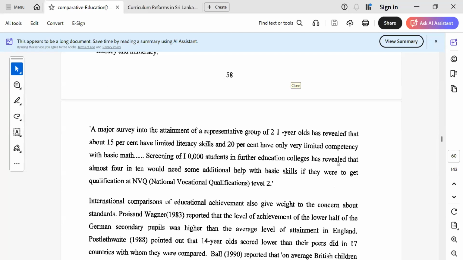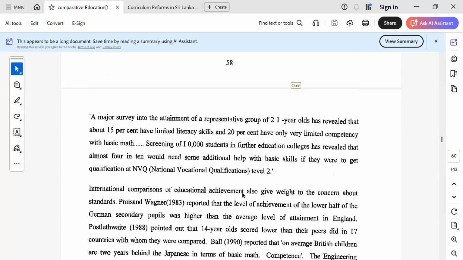NVQ is the vocational side, right? So the skill side. So you can start your own entrepreneur jobs, or skill migration. Most of the countries are expecting skillful people. So that type of skill you can obtain from the NVQ level qualification, national vocational qualification.